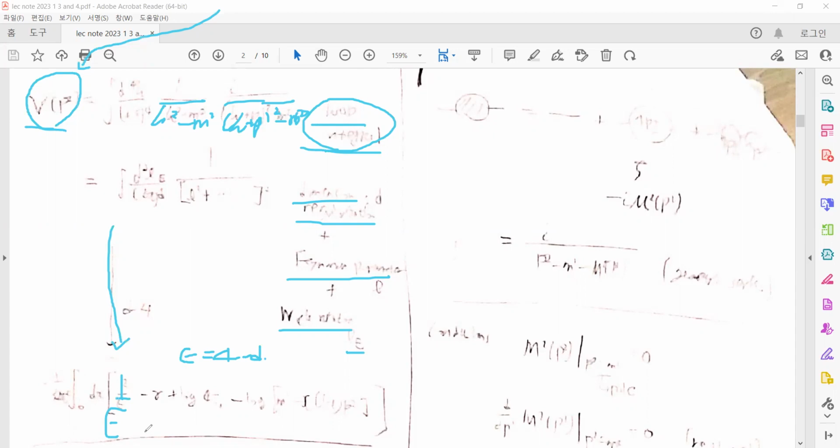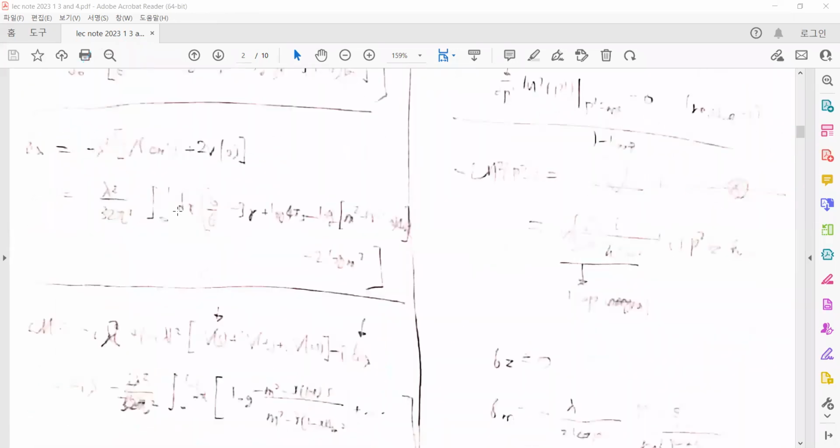These are dimensions, and if epsilon goes to 0, such one over epsilon terms are divergent. The one loop diagram contains such divergent terms.